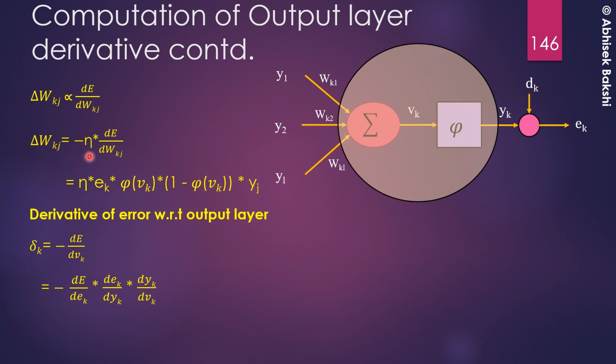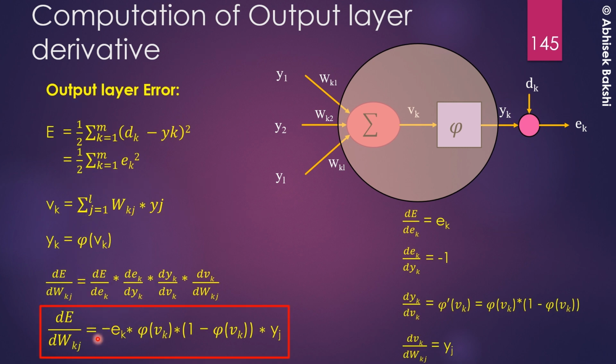So ultimately, what we have to find out is what should be the new W in the next iteration. That means we have to find out what should be the change of the W, that is the delta W. That's how I've written it. So this delta Wkj will be equal to minus eta multiplied by this derivative. Now the derivative value is itself negative, you see?